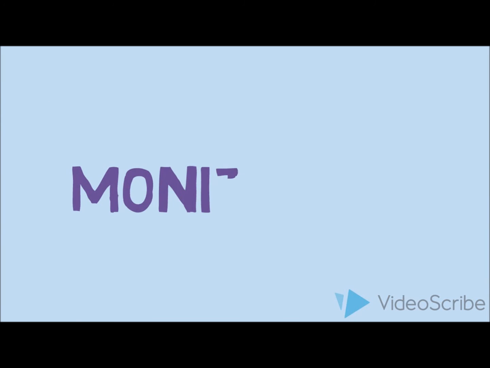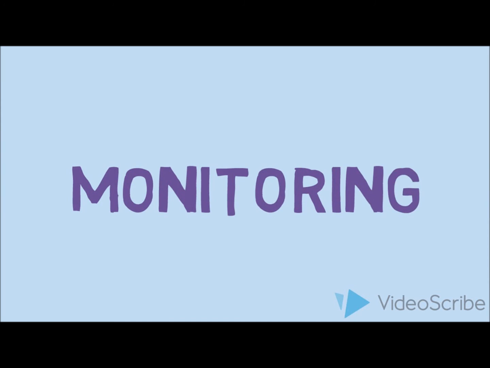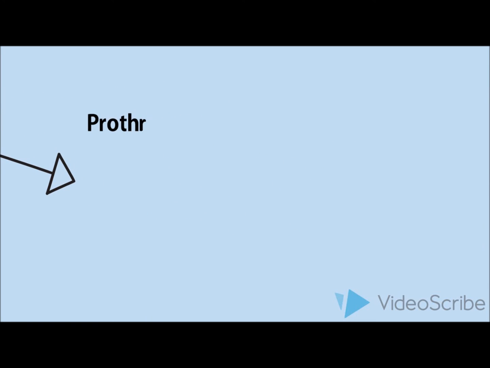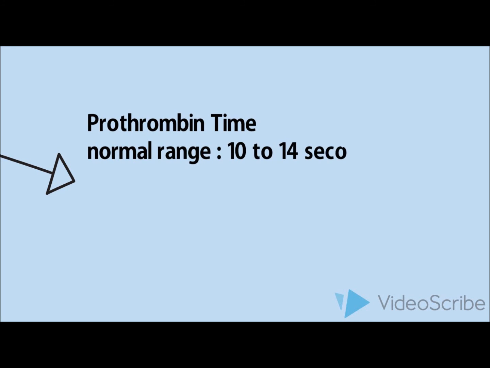Monitoring the response to FFP needs to be done to serve as a guide for further supportive care. The lab test involved is coagulation test, in which prothrombin time is measured. Prothrombin time measures how well and how long it takes for the blood to clot. Longer prothrombin time indicates the blood contains less clotting factor and vice versa.